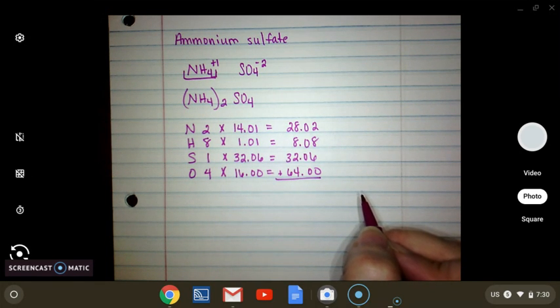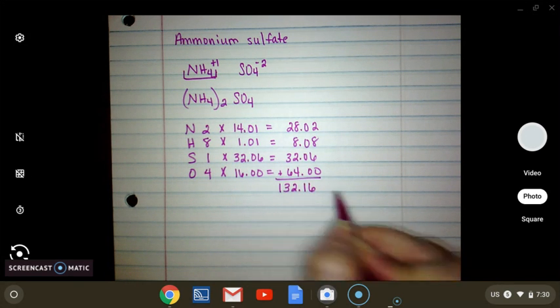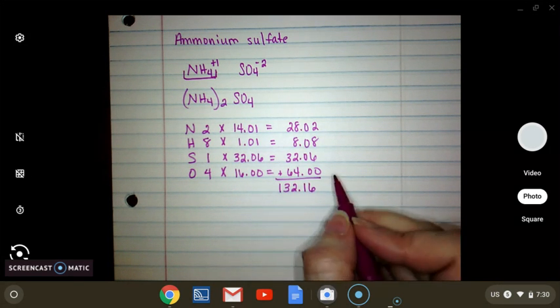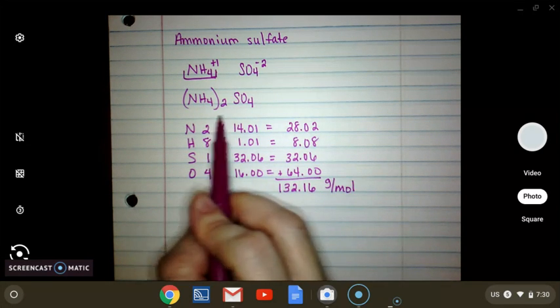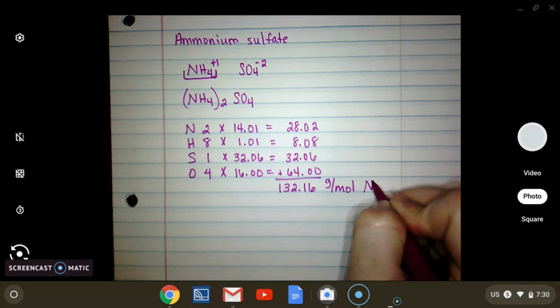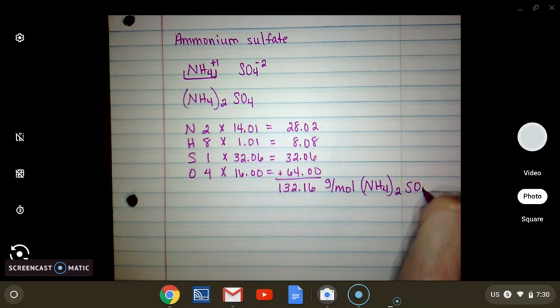And you get 132.16. And remember, molar mass is grams per mole. And then you have to put the formula again. It's NH4, parentheses 2, SO4. All right, so that was an ionic bond.